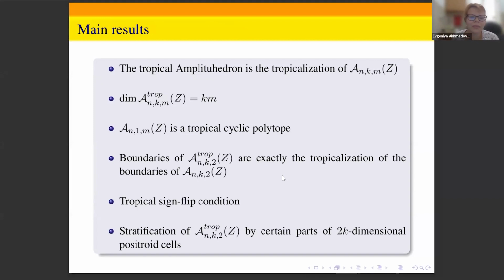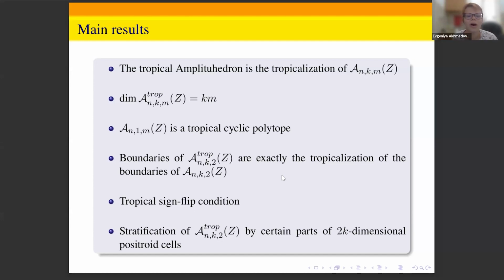The map is well defined, and the dimension of the tropical amplituhedron is k times m. So it's the same dimension as the regular amplituhedron, and the same dimension as the tropical Grassmannian, which means that we're not doing something meaningless, and the tropicalization actually gives us an object that in some way reflects the object in the regular case.